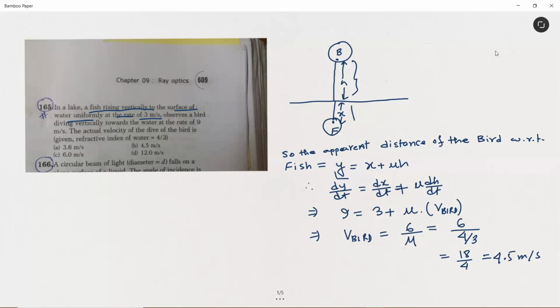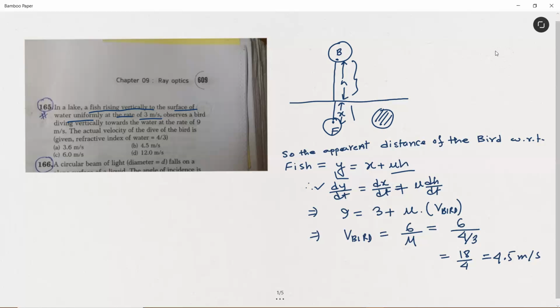So the apparent length will be multiplied by the refractive index of the water where the fish is. You know those equations, the apparent depth equation from optics. After differentiating, we will be able to get the velocities dy/dt, dx/dt, and dh/dt.